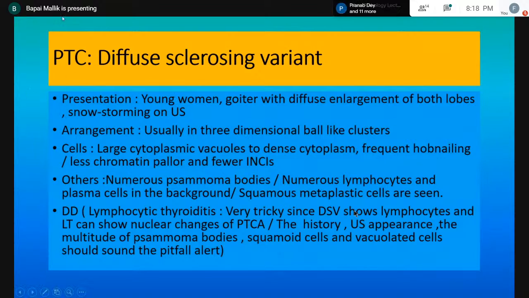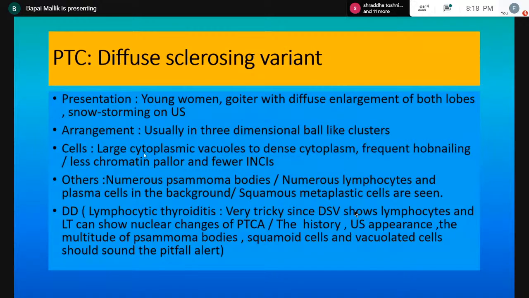Now, the cell arrangements are usually in three-dimensional ball-like clusters. This is the key: you see cells with large cytoplasmic vacuoles. When you see these cells, they are very suggestive of this particular lesion. However, when you see cells with large cytoplasmic vacuoles, you would possibly move towards thinking of a diagnosis of metastasis, but not in this case.